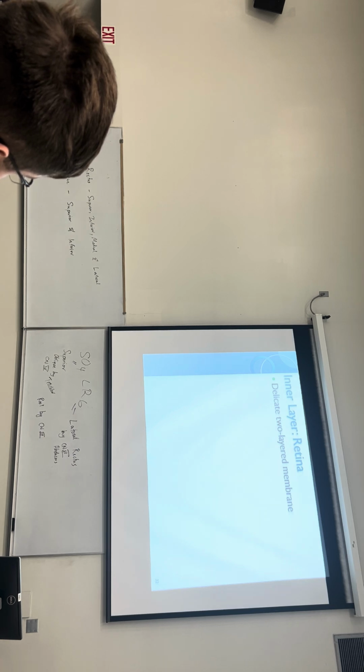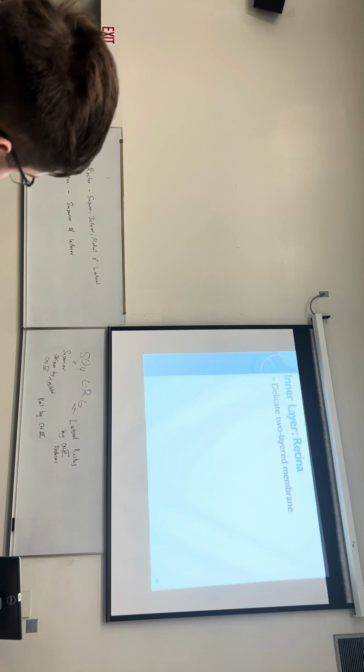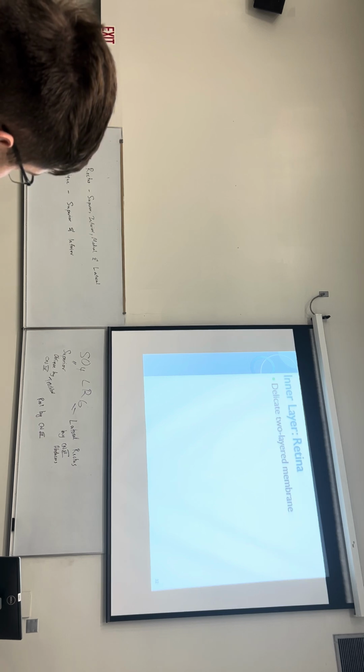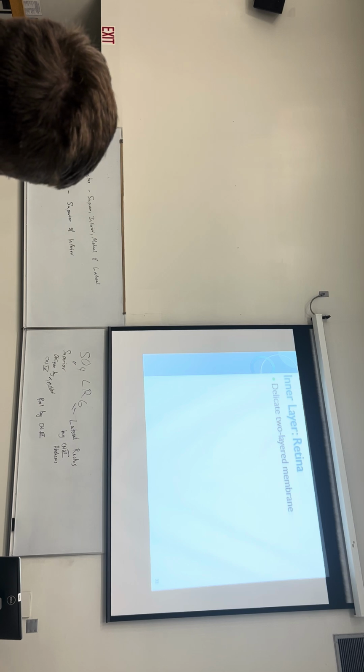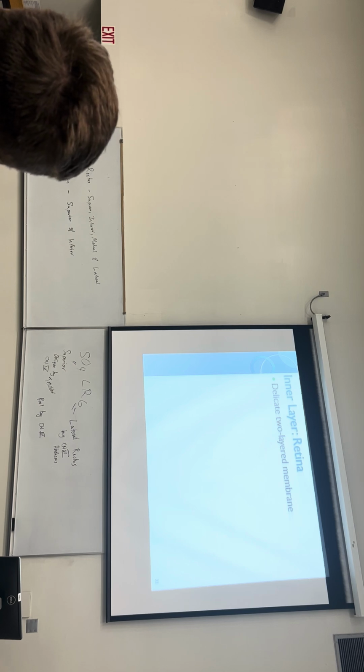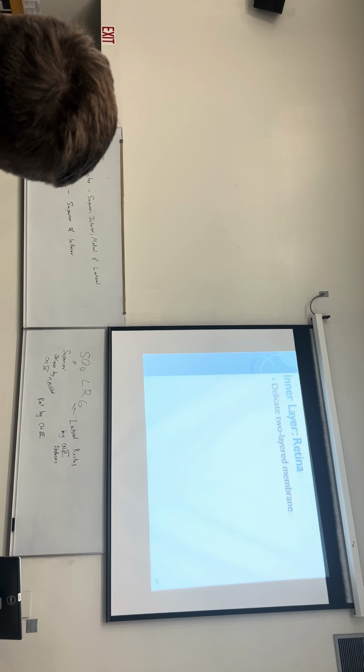Next, we're going to talk about the innermost layer, the retina. It is two layered. There's the neural layer, where we have all the neurons, the structures which will detect the light, and the other one is called the pigmented layer.